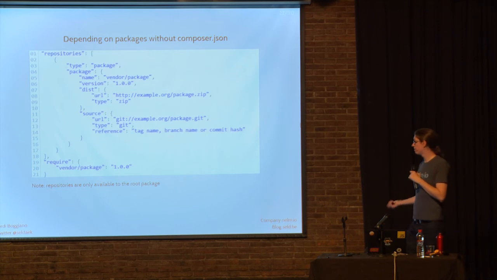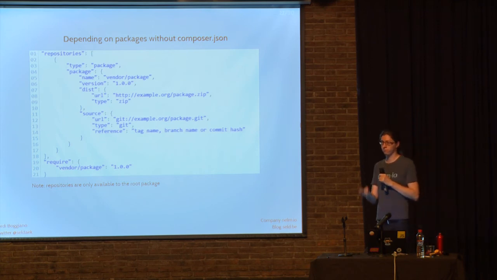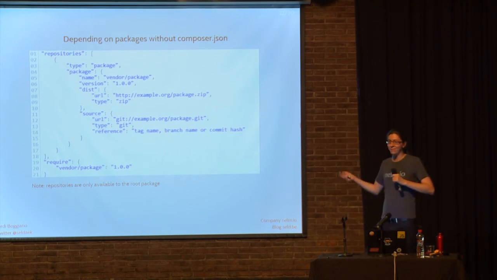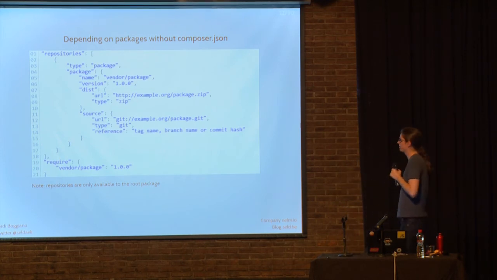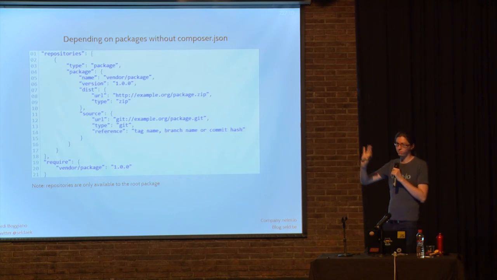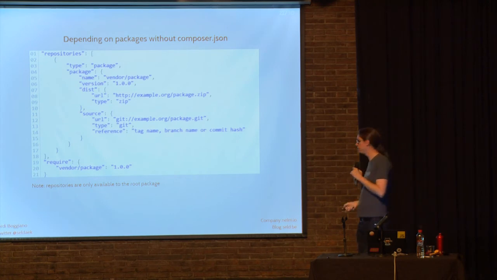Then another one is, for example, for those JavaScript packages or anything that doesn't support Composer, you can inline a definition of a package and say, okay, I have this package available, or pretend it's available, and then install it. It's not really nice.